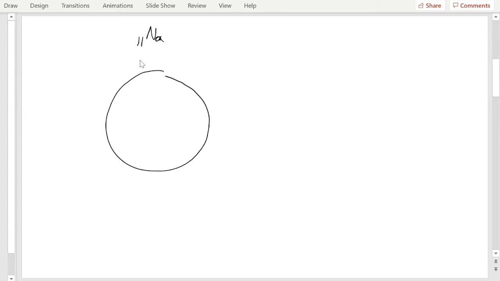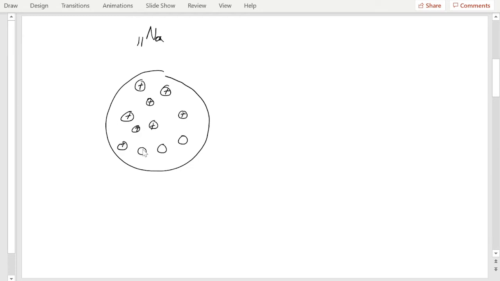And so what this means is that there are 11 protons in this nucleus.